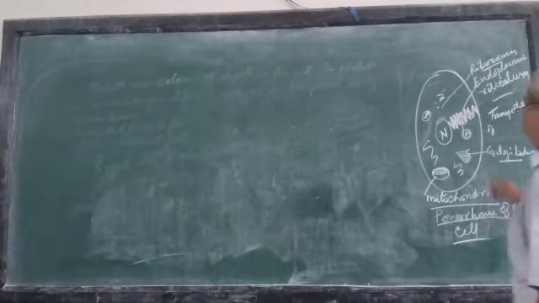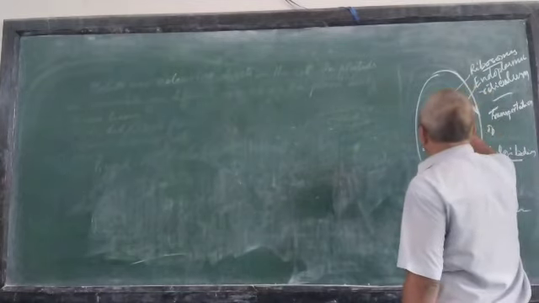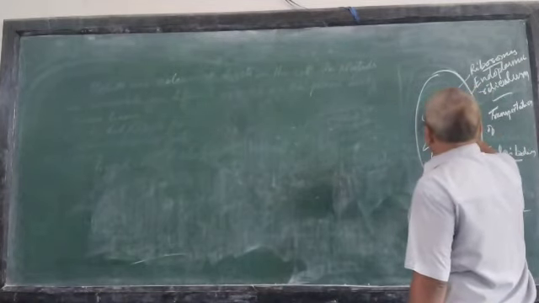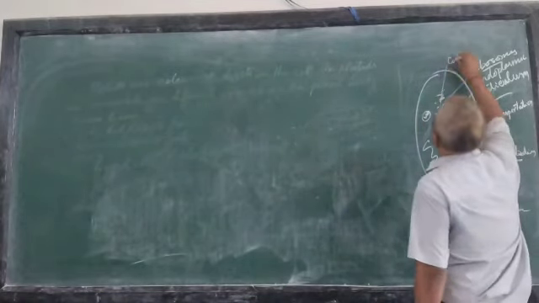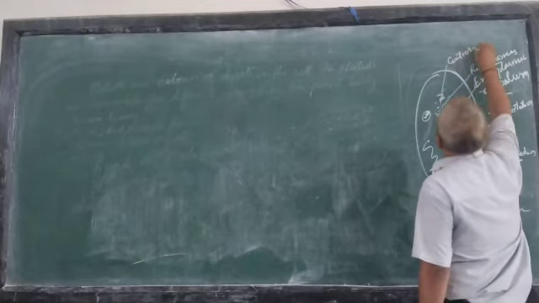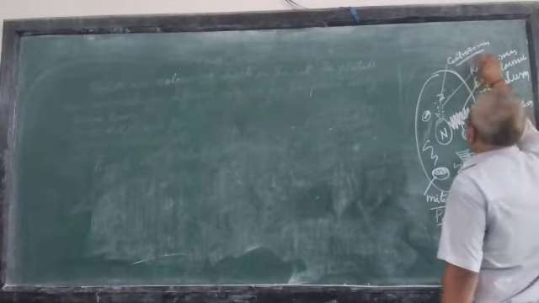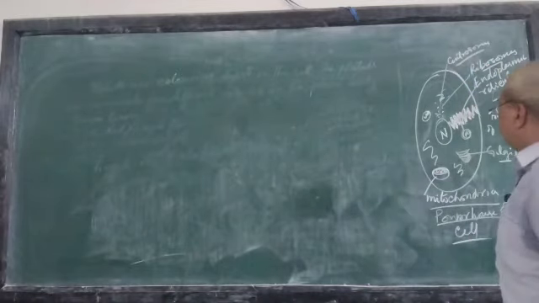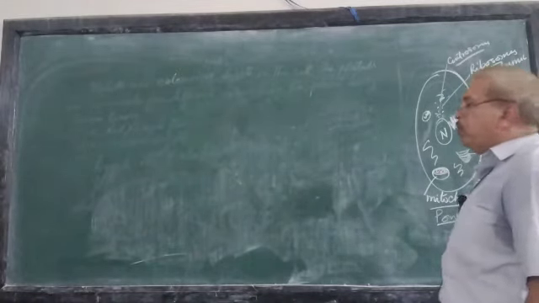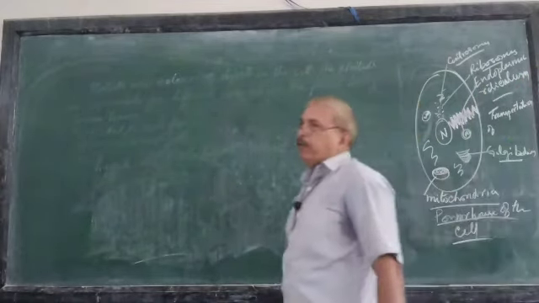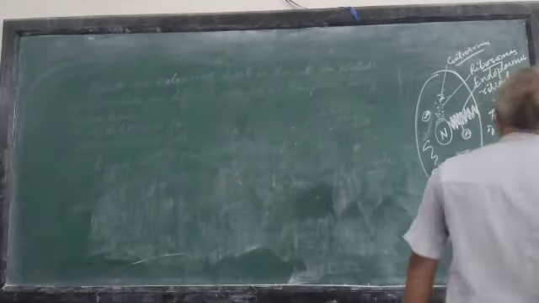And then come centrosomes. I have told you centrosomes are present near the nucleus. Centro means center, somes means body. The body is in the center of the cell. Somes means body, a part of the living body.